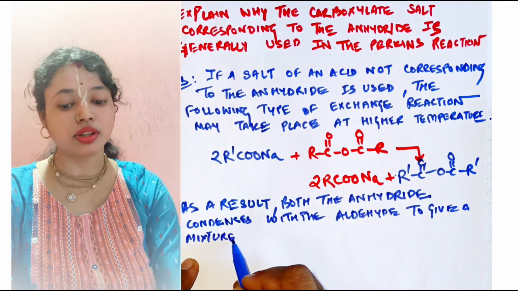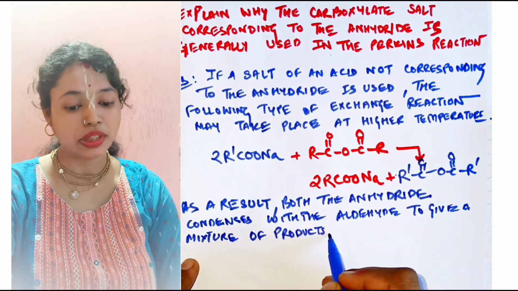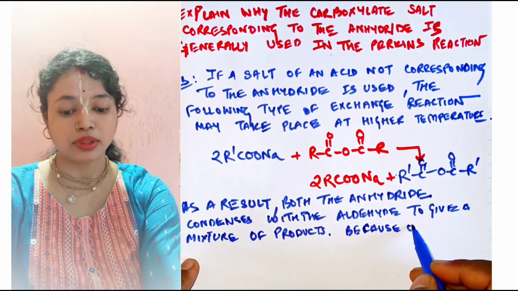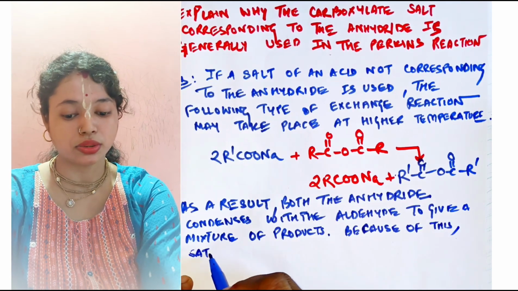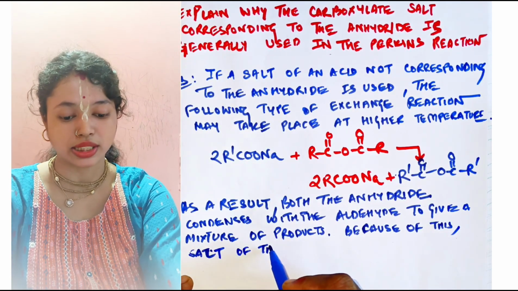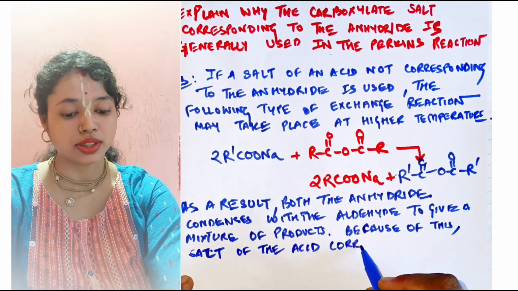So if the salt of an acid not corresponding to the anhydride is used, then the following type of exchange may take place at a higher temperature. If you see this reaction, 2 R-COONa and acetic anhydride, it is exchanging.